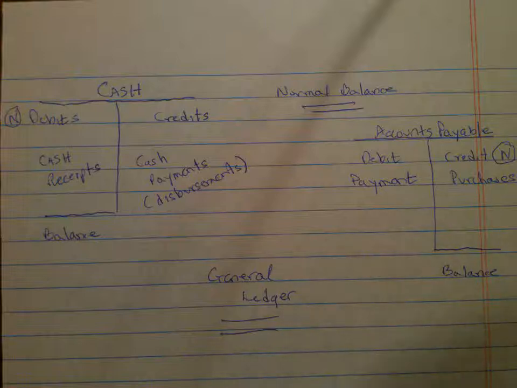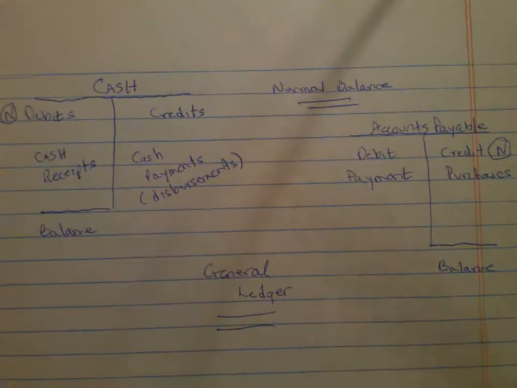So reporting net income is performance, okay? Keeping track of the balance sheet is keeping track of what it is we own and what it is we owe. That's basically a simple way to think about it, okay?